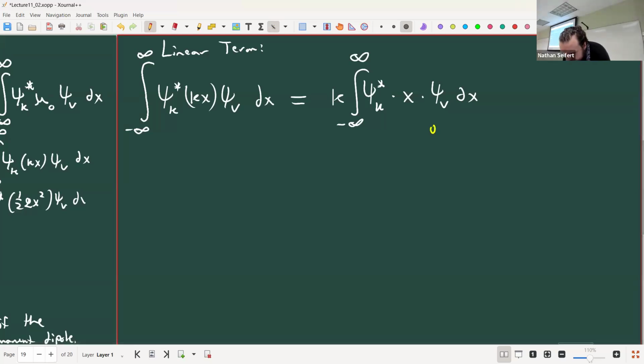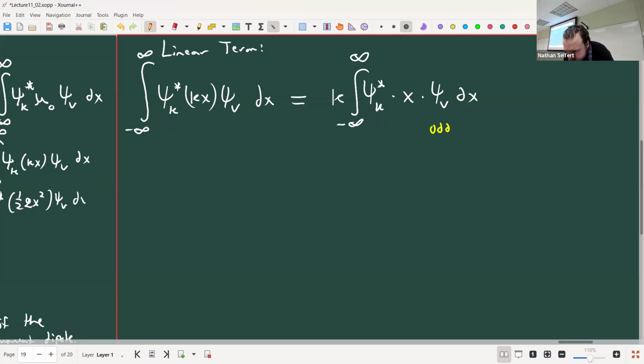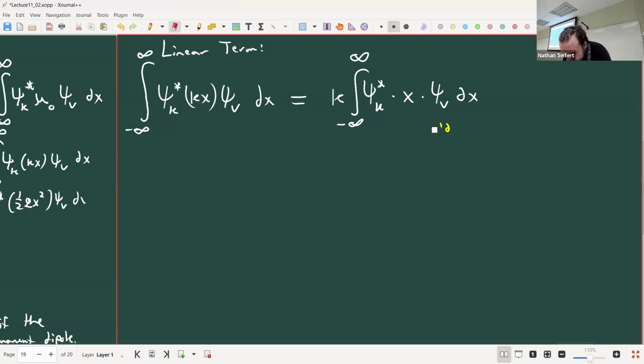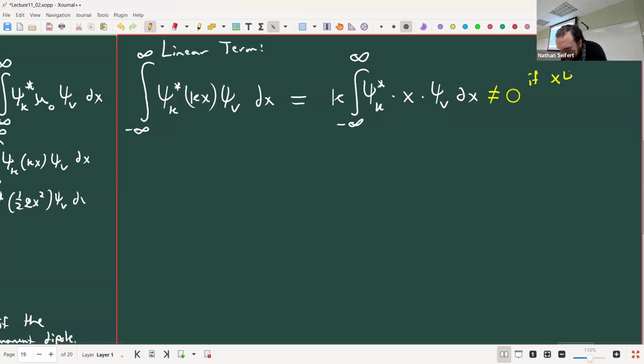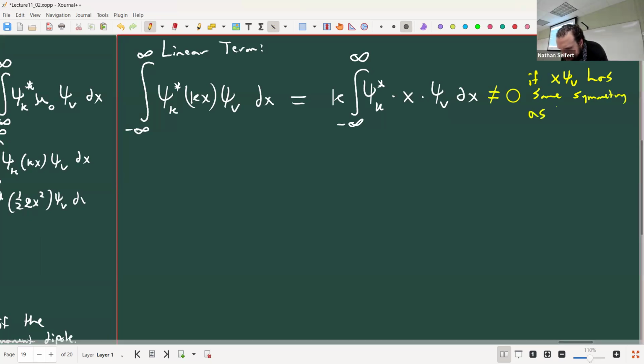The argument is that the only way for this to be non-zero is if x psi v has the same symmetry as psi k. What do I mean by that?